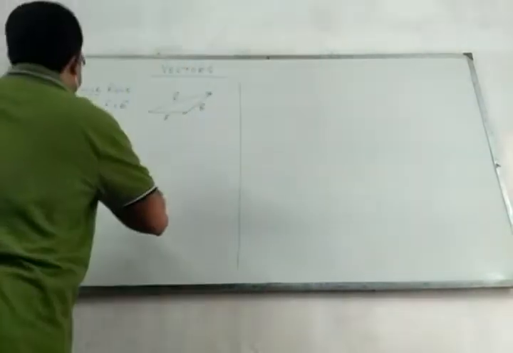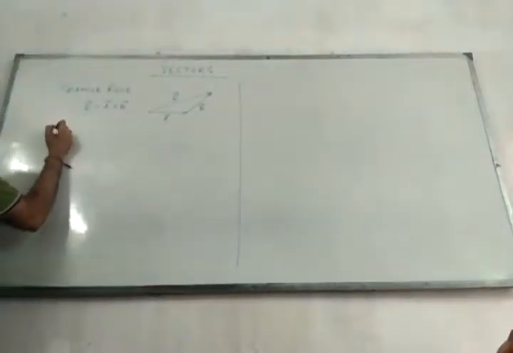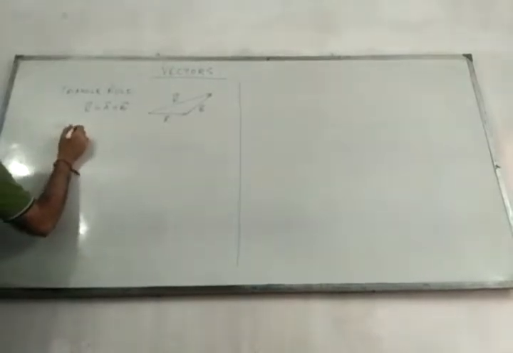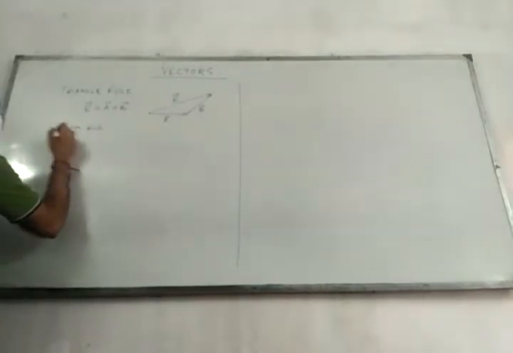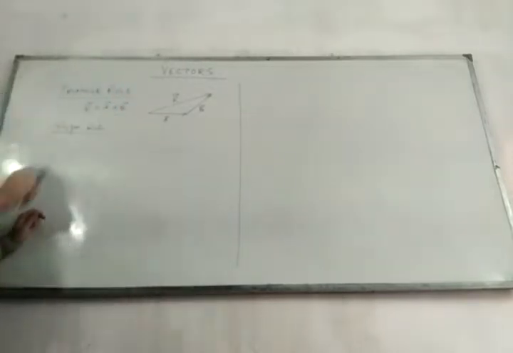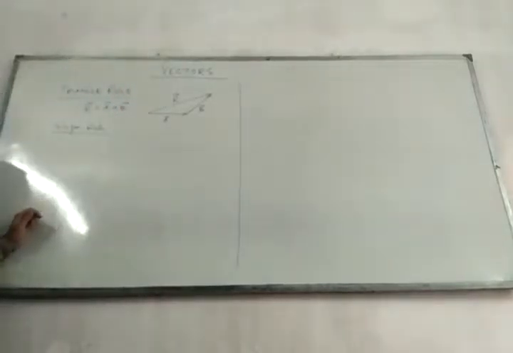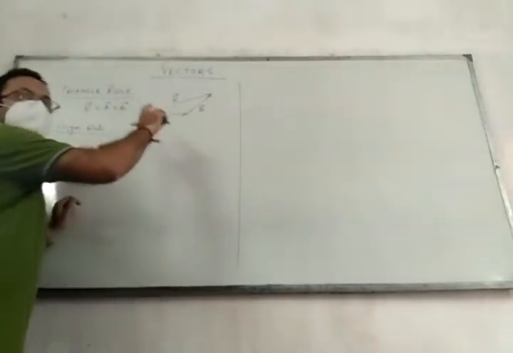Theory. Second, the polygon rule. What is polygon rule? Triangle rule is applicable only for two vectors. But if there is more than two vectors, you have to apply polygon rule. What is the concept? Exactly same as triangle rule.